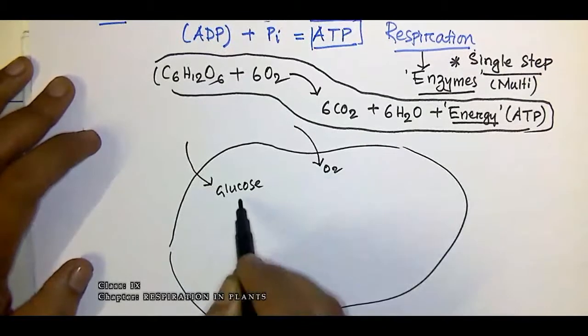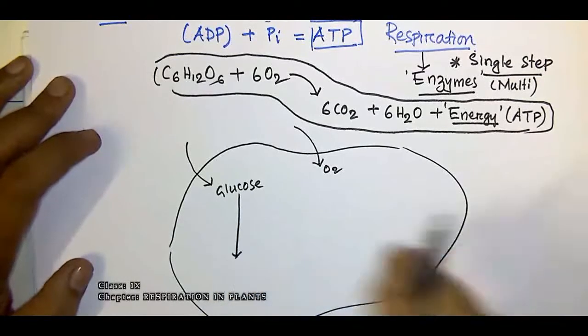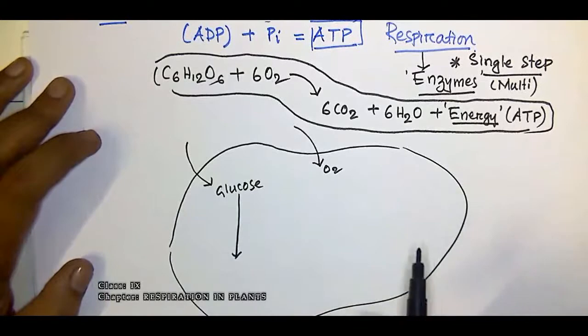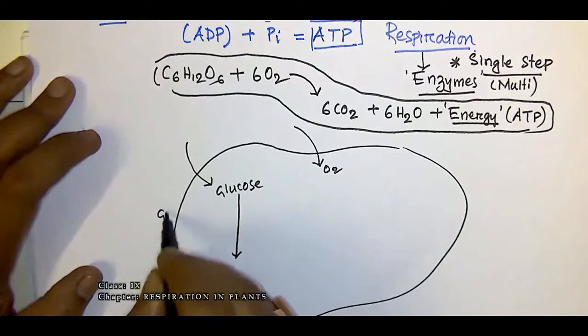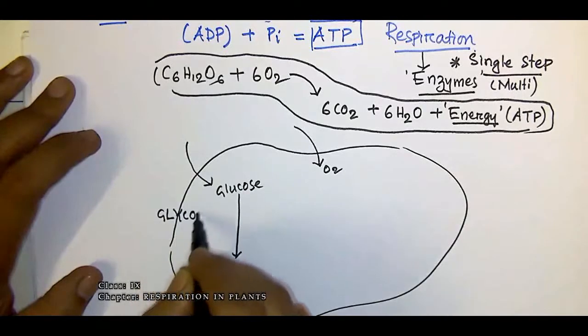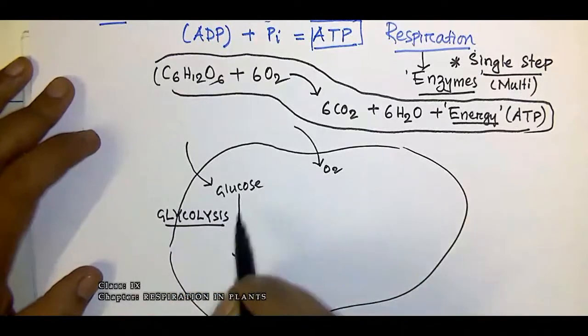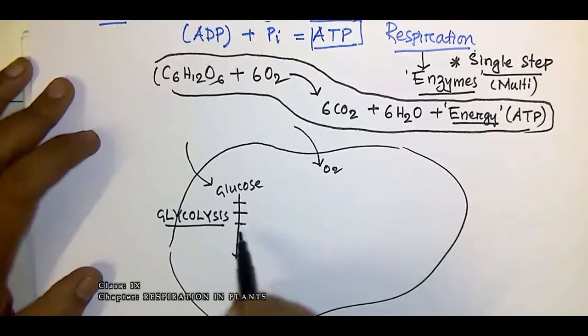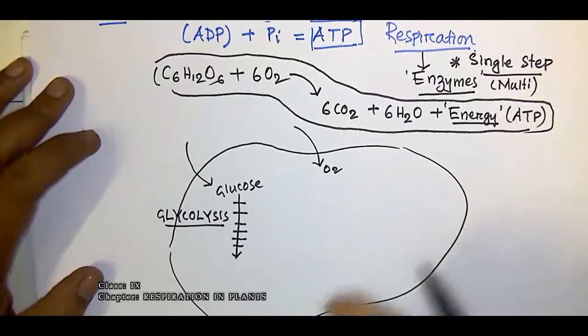In fact, the glucose will undergo a 10-step breakdown process. What did I say? A 10-step breakdown process. And that 10-step breakdown process is what we call glycolysis. So glycolysis involves how many steps? There will be 10 different steps. Why 10 steps? Because 10 different intermediates are formed.